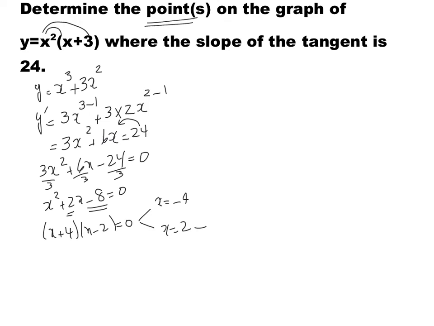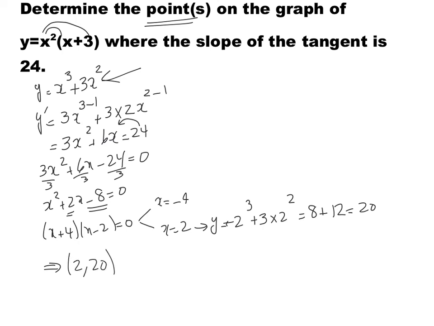So for x equal to 2, y becomes, I'm going to use the main formula, 2 cubed plus 3 times 2 squared. 2 cubed is 8, 2 squared is 4 times 3 is 12, so it's 20. So one point is 2 and 20.